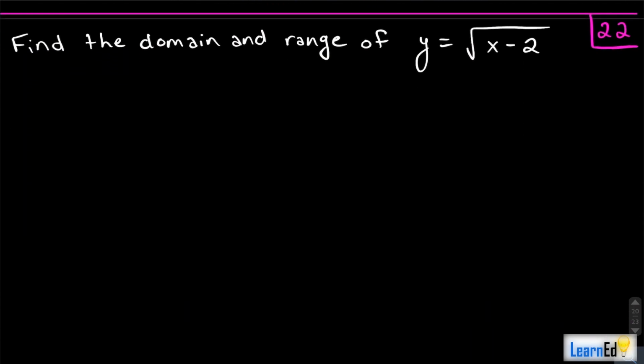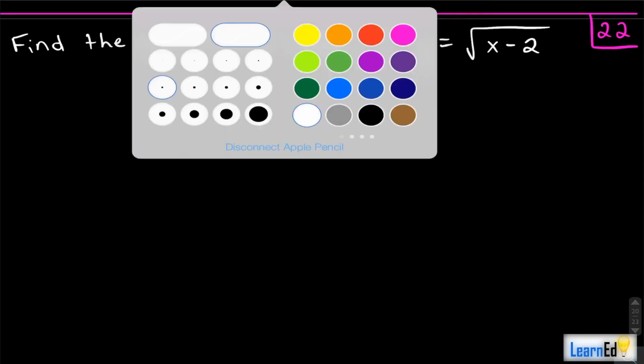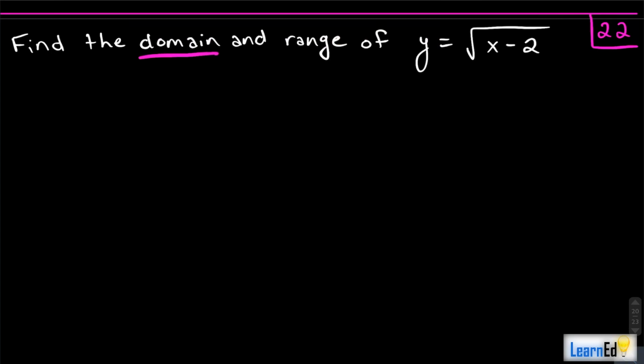Moving on to problem 22, we want to find the domain and range of y equals the square root of x minus 2. Okay, so there's 2 key terms we've got to go over here. What's the domain? What's the range? The domain of a function is all of the possible x's.